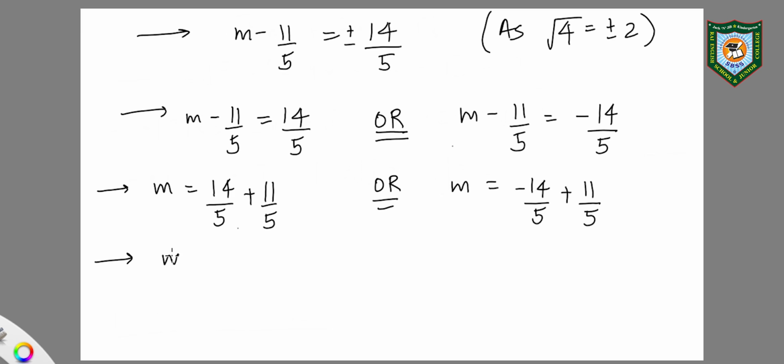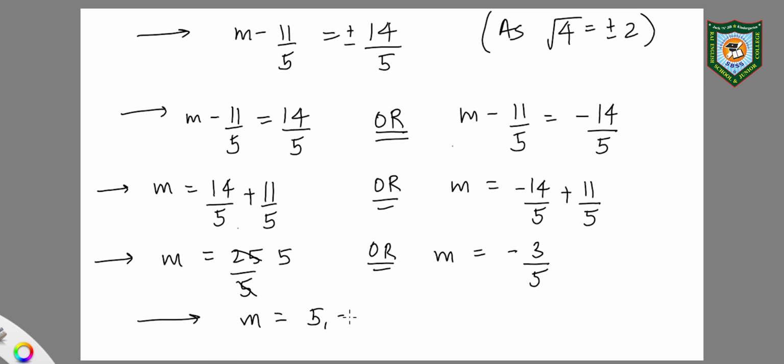So m is equal to 25 divided by 5, or m is equal to minus 3 divided by 5. This implies m is equal to 5 comma minus 3 by 5.